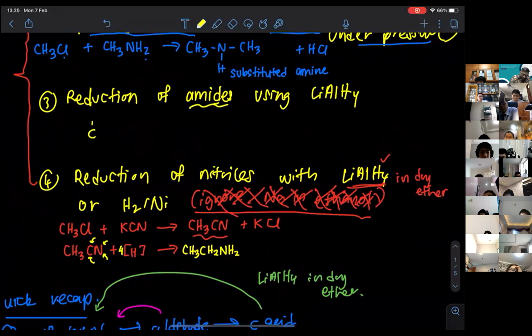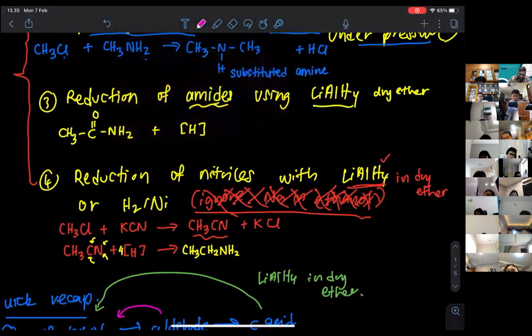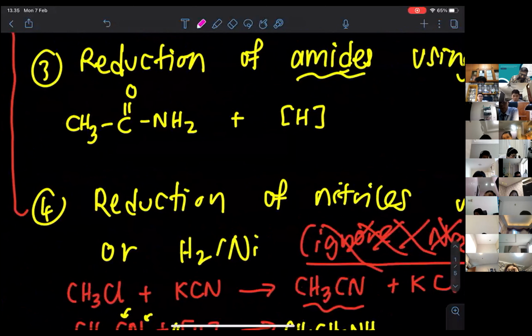So let's say I just have one amide over here. This is the amide. If I have a reducing agent, which is LiAlH4 in dry ether, what will happen? The O will come out. The hydrogen will come in here and here.